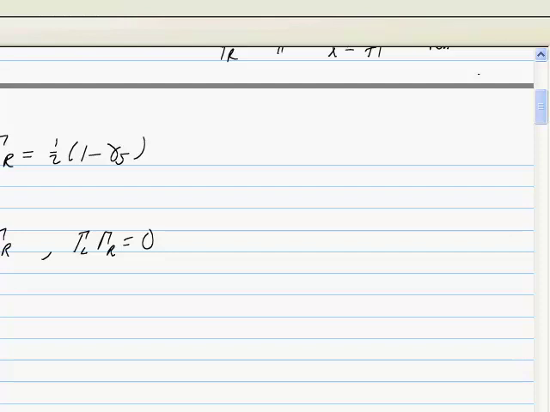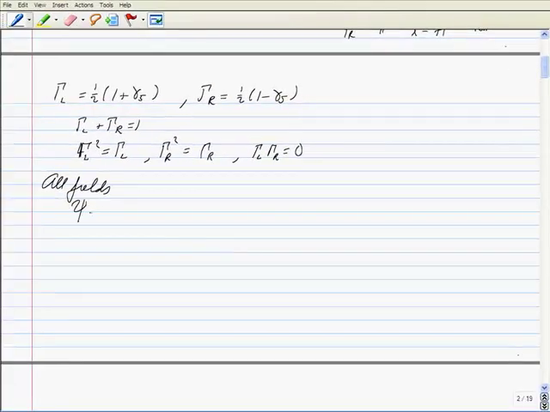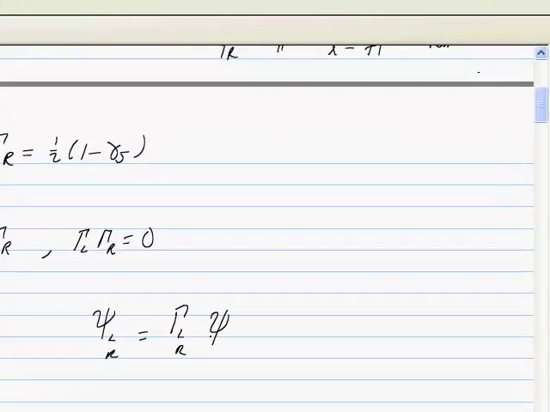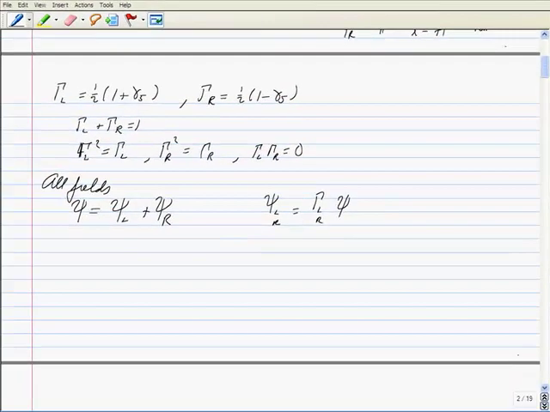So even for massive fields, we can make the decomposition. Psi is psi left plus psi right with the same definitions: psi left or right is gamma left or right on psi. Since it's a projection operator, you can always do that.